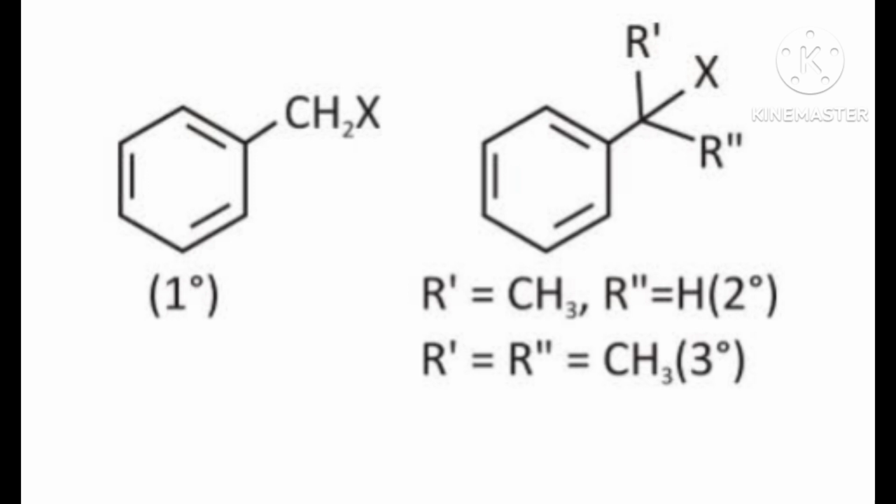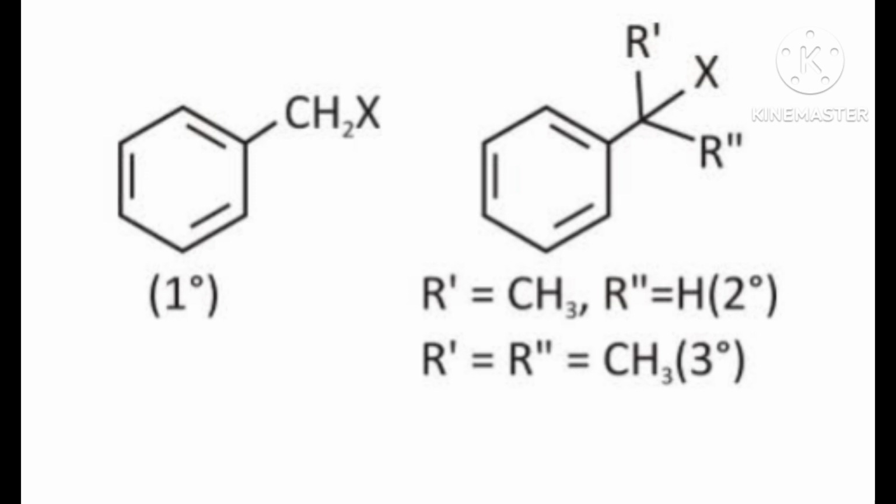Any carbon you can consider, the hydrogen is removed, and this methyl group is attached. Then both have contributed one orbital: one orbital from the carbon of benzene, and one orbital from methyl. Then they have made a single bond.